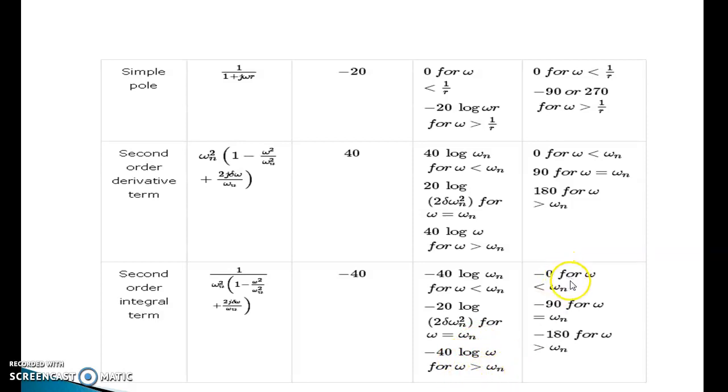So angle is minus 0 for omega less than omega n, angle is minus 90 for omega equal to omega n, angle is minus 180 for omega greater than omega n.